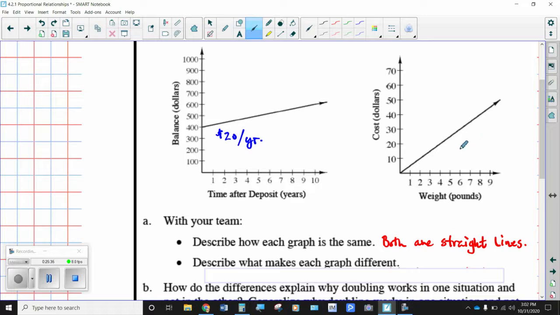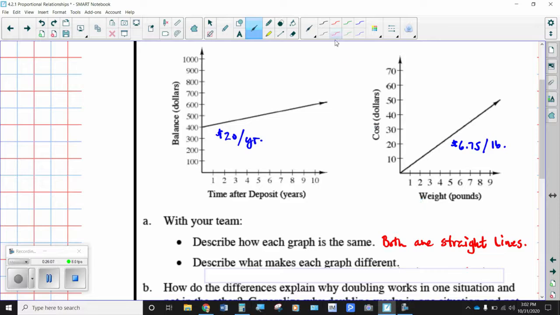And this one was growing by a constant rate, which was $6.75 per pound. So the fact that there's a constant growth rate or a unit rate kind of situation means you're going to have a graph with a straight line. Always happens. If it wasn't a constant growth rate, your graph would be doing something like this, or this, then this, then this, then that kind of a thing.